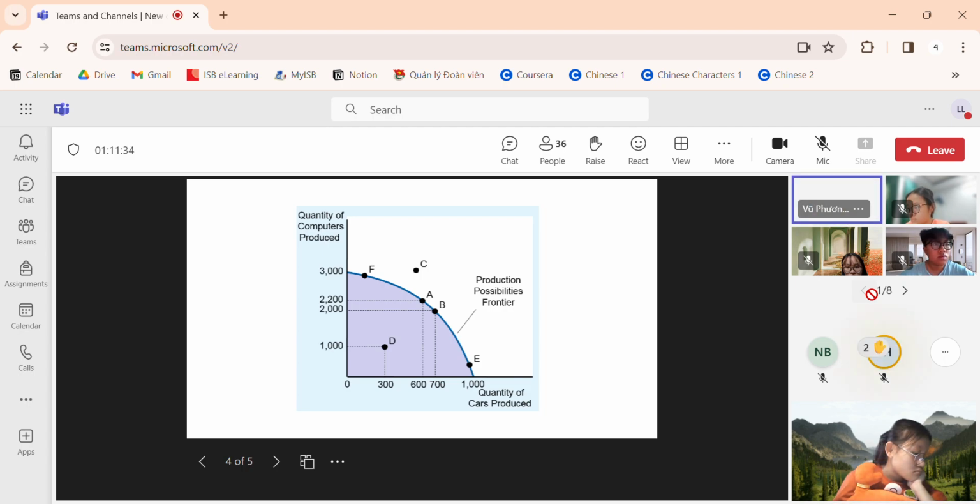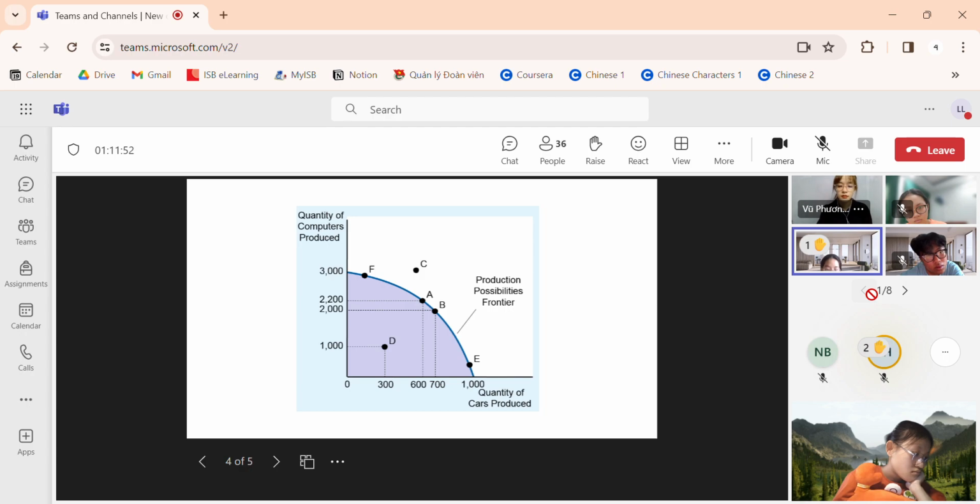All right, so I see some of you raising your hand. Okay, so what about Thảo Trang? Yes, Thảo Trang. Because the inputs used to produce cars and the inputs used to produce computers are different.